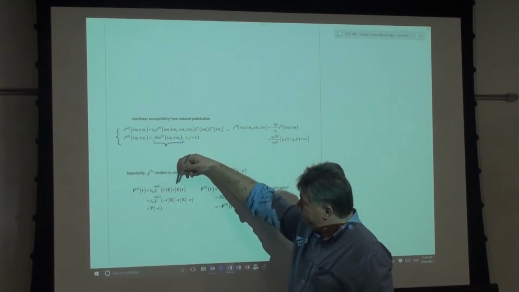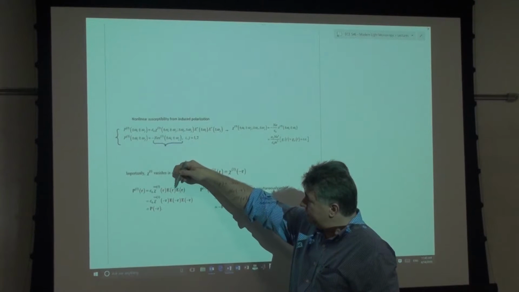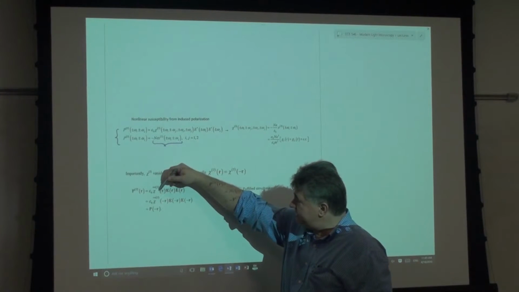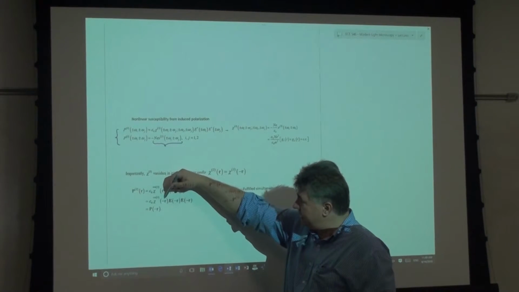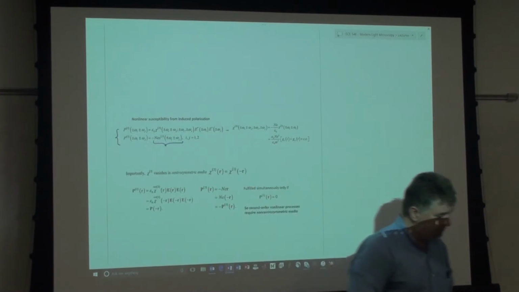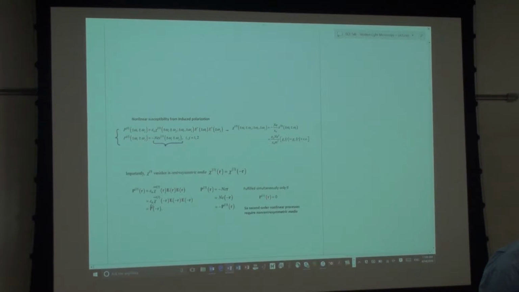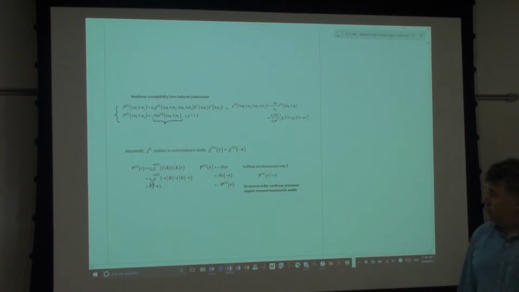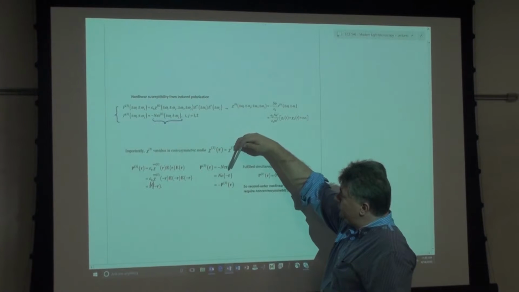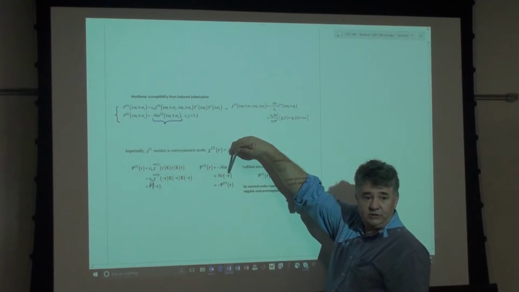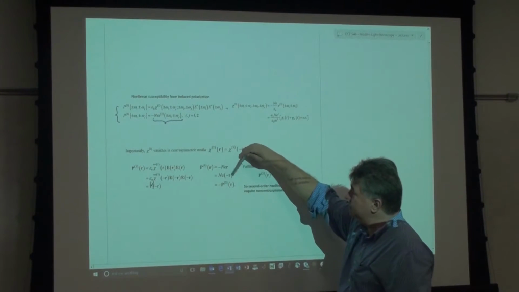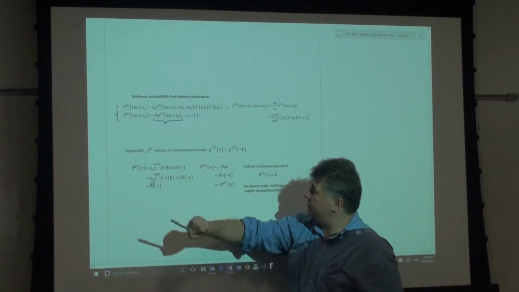Are you with me? So because I have a product between these two, E of R times E of R is the same as E of minus R, E of minus R. And now I'm using the central symmetry, so chi of R equals chi of minus R. So altogether this function now depends on minus R. So this will be P2 of minus R. On the other hand, P2 of minus R will be, replacing R with minus R, so P2 of R has to be minus P2 of R, according to the definition from the induced dipole.